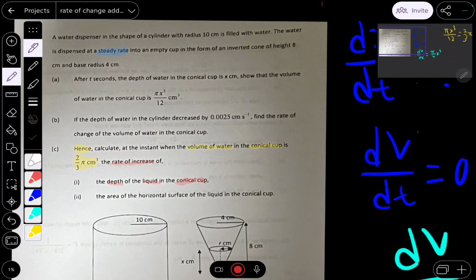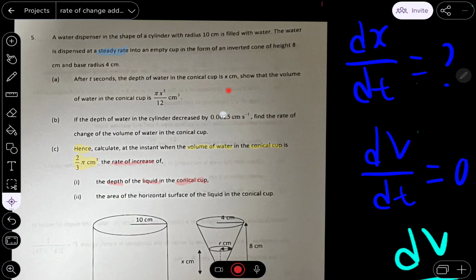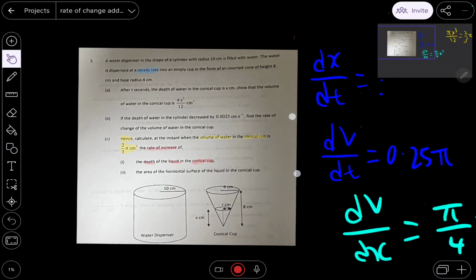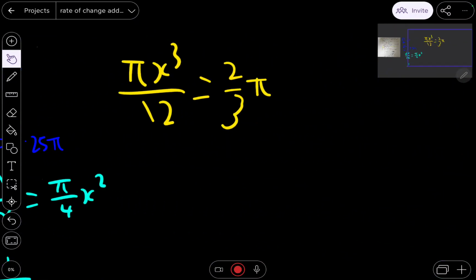If the depth of water in the conical cup is x, then the volume is pi x cubed over 12. Can we say that the volume is only affected by the height? Since they already give us the volume of the conical cup as 2/3 pi cm cubed, and they did not say the height has changed, we can equate them to find x.